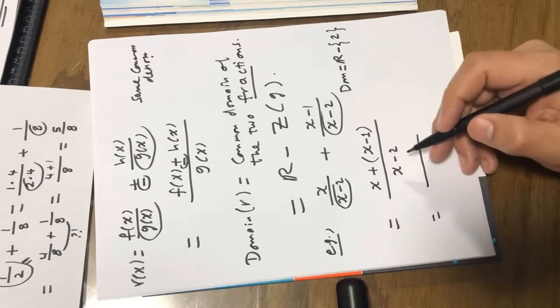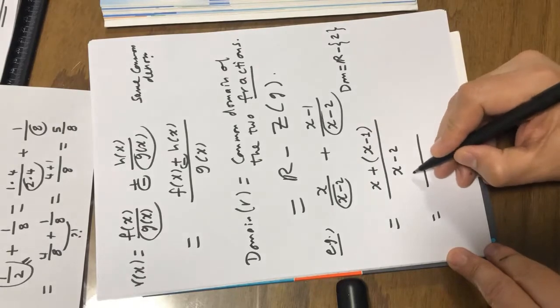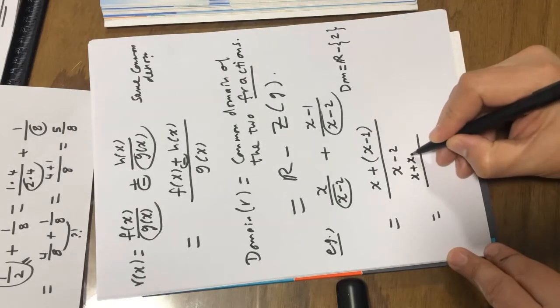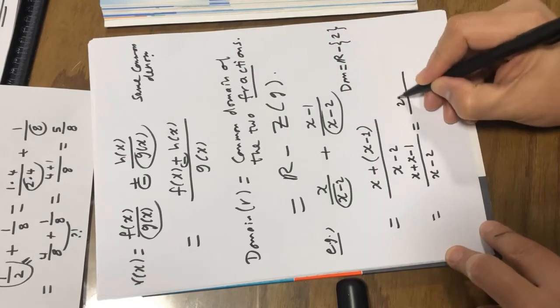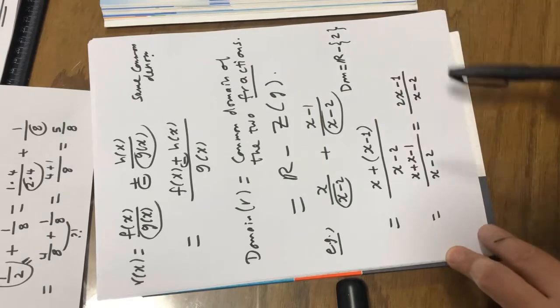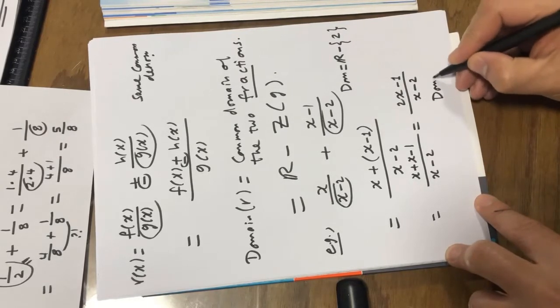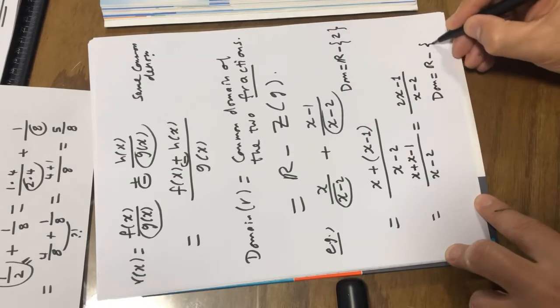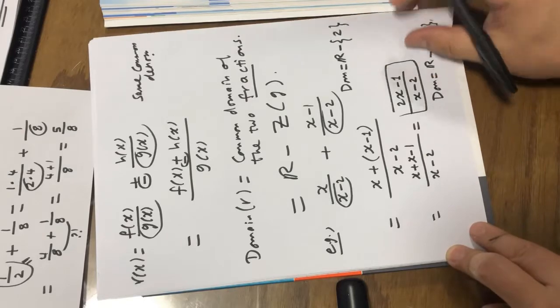Distribute your multiplication, remove your parentheses or brackets and simplify to get x plus x minus 1 over x minus 2, which is 2x minus 1 over x minus 2. This is the simplest form, nothing to be done except for writing the domain again, all R except for 2. This is how we added these two fractions.